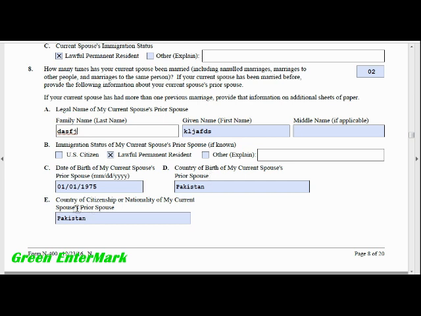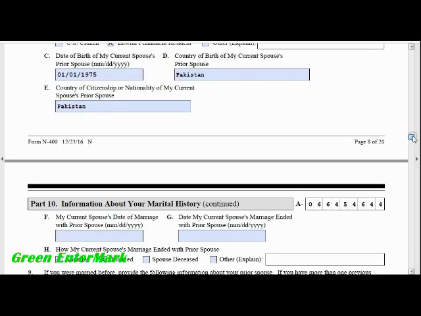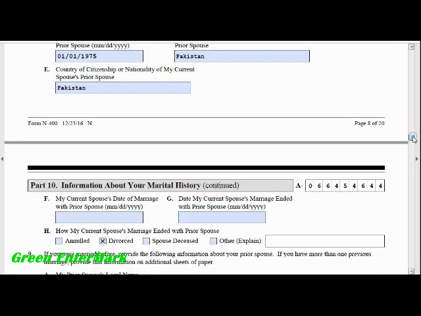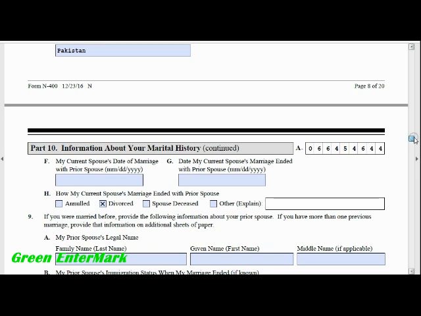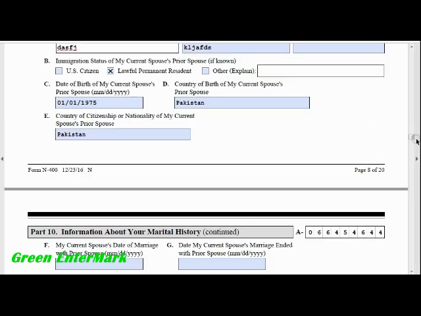Okay, country of citizenship, you have to mention this detail in this form about the ex-spouse of your spouse. Now, part 10. Information about your marital history. Continue.